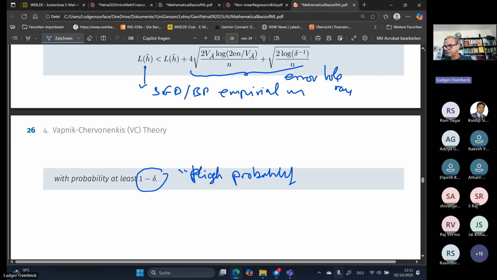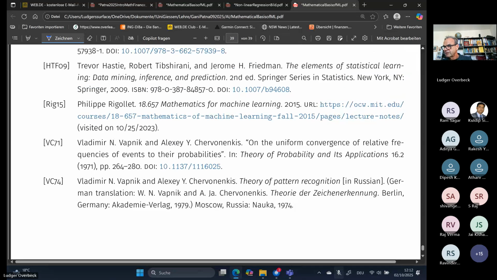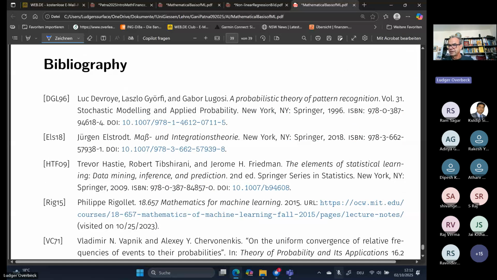Okay. You see that's what we want. And if you want to understand this, I give you a book where you can read this, my favorite book on this one. So I give classes on the mathematical foundation of artificial intelligence.